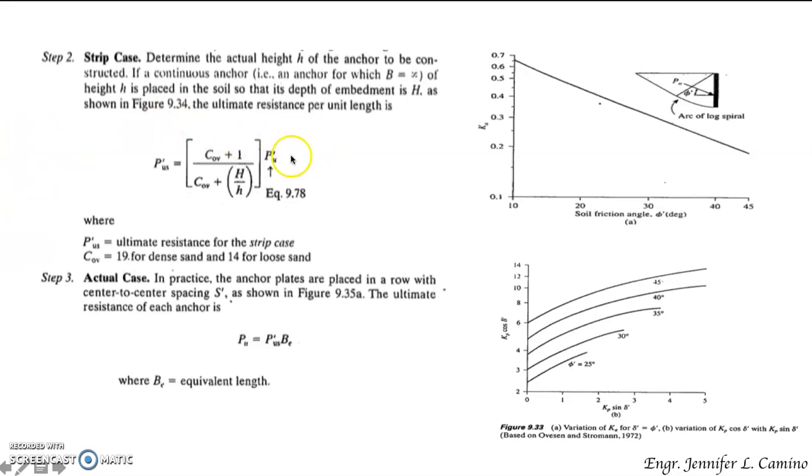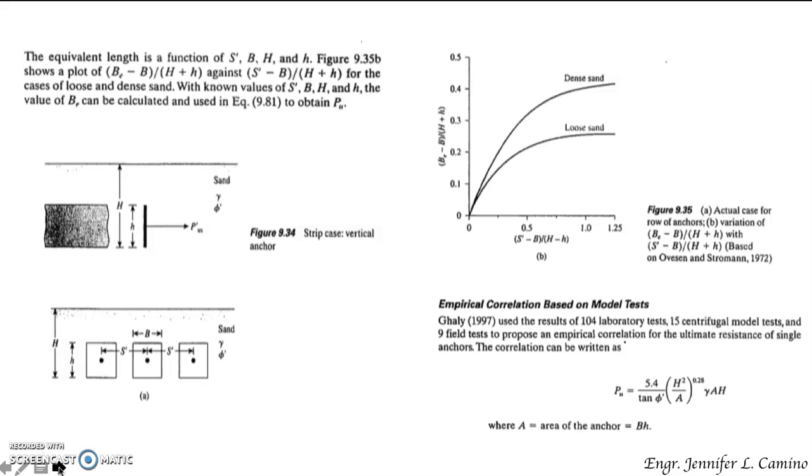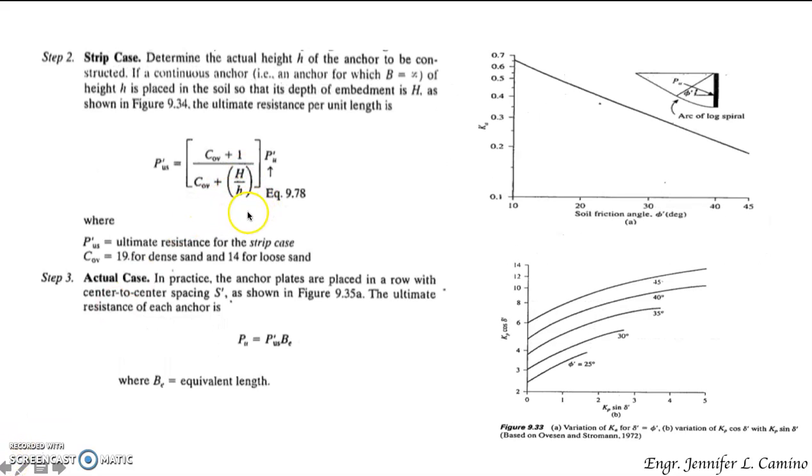So the ultimate resistance per unit length of the strip case is, you have this equation. You have to take note that C sub OP is equal to 19 for dense sand and 14 for loose sand. So for the strip case, you have this, the vertical anchor. So to compute for the ultimate resistance for the strip case, you have this equation.